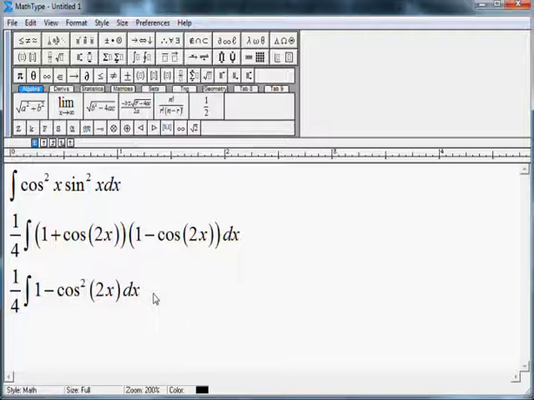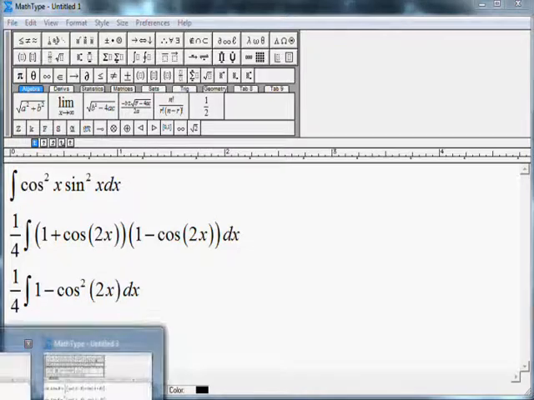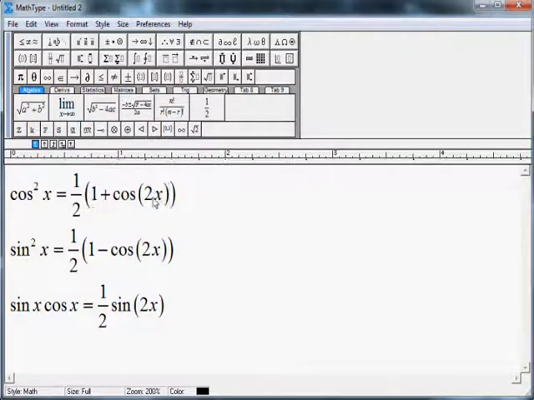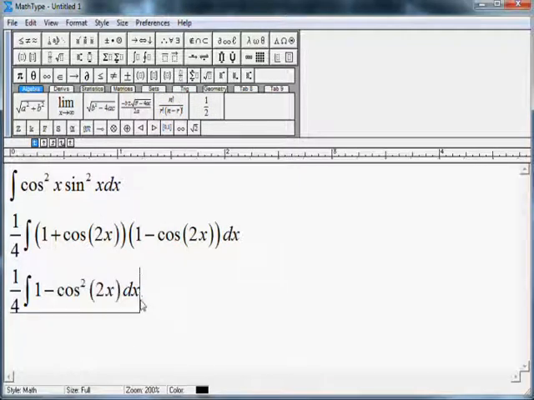So now we did that, and let's see here. Now we have a cosine squared of 2x, so we can use our formula again. But remember, the formula is twice the argument. Remember that.